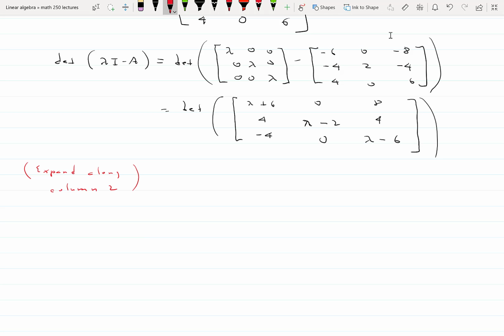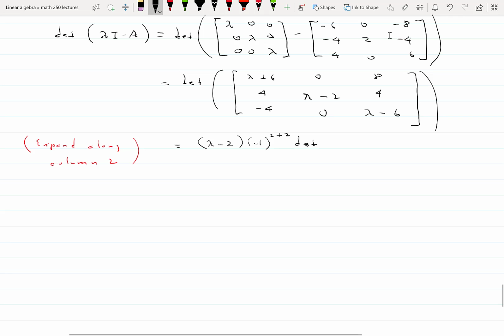I only have one non-zero entry there. So it's going to be lambda minus 2 times negative 1 to the 2 plus 2, times the determinant of the 2 minor of this matrix. It's basically the determinant of the matrix you get by eliminating the second row and second column.